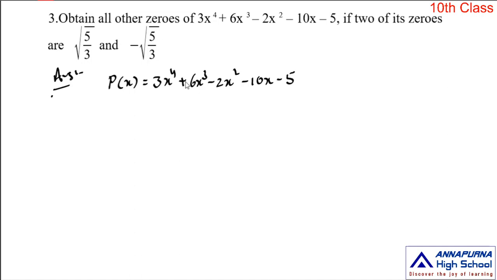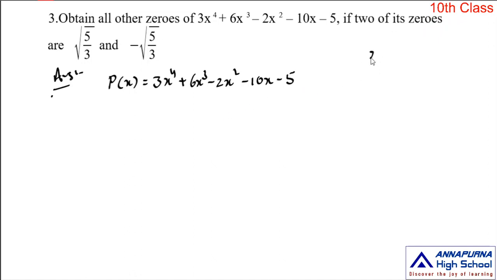Out of the 4 zeros, 2 are given, root 5 by 3 and minus root 5 by 3, and you find the remaining 2 zeros. Before doing this, here I explain one most important point.